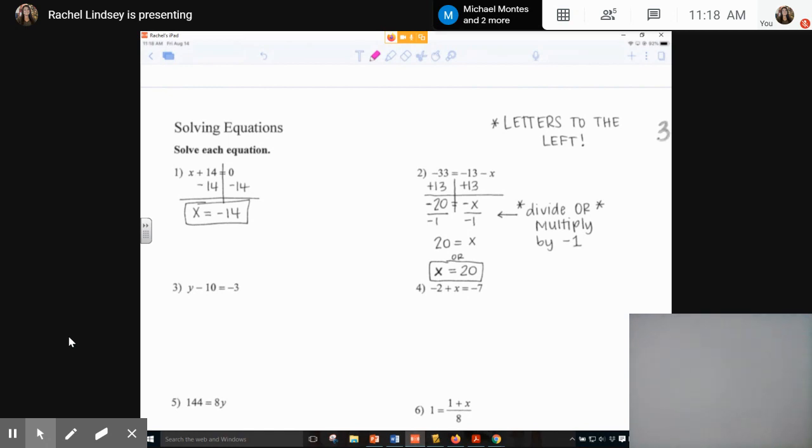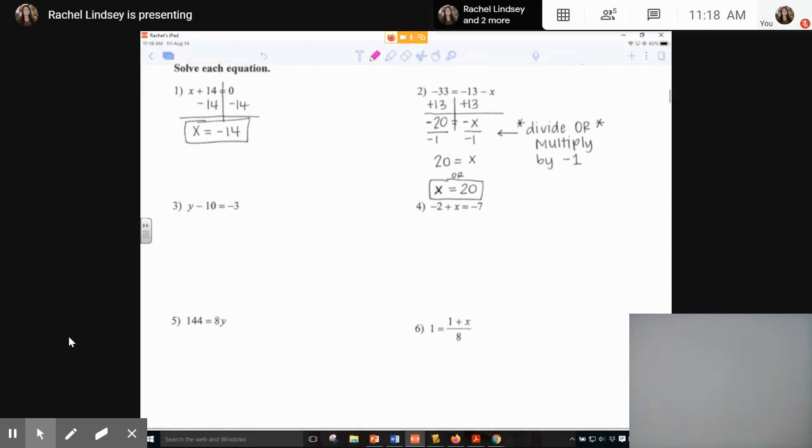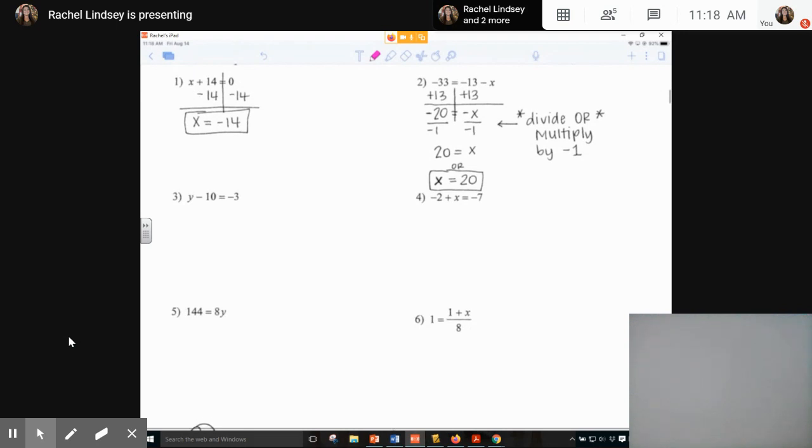So on number 3, that's a one-step equation. What's my one step I have to do to isolate that y? Add the 10. So I have y equals what? 7.